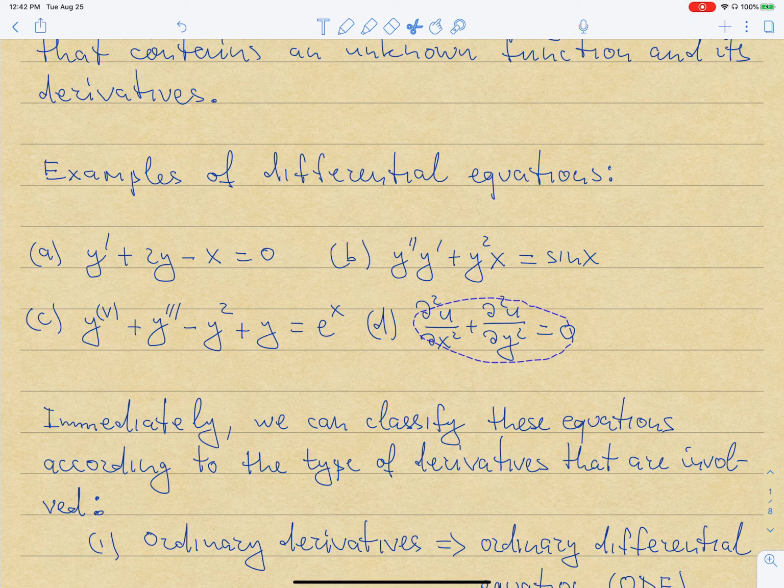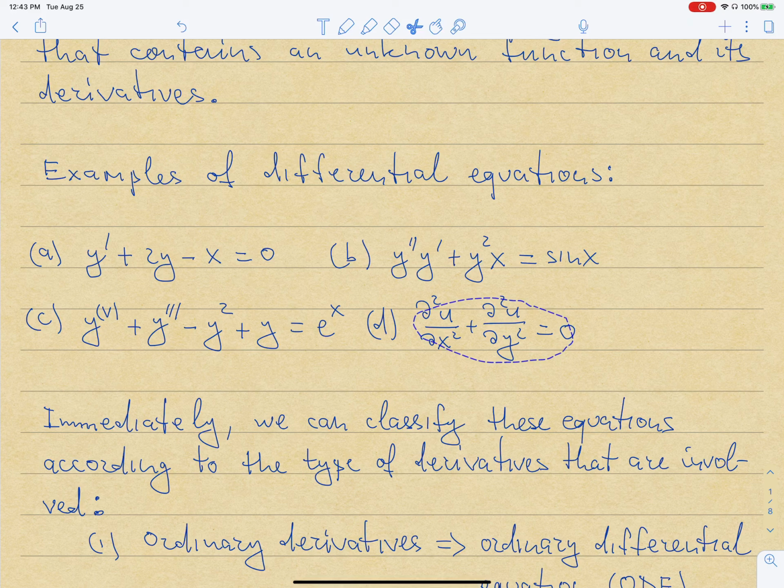So according to the type of derivatives that appear in a given equation, we'll classify it either as an ordinary differential equation, if you see ordinary derivatives, or as a partial differential equation if you have partial derivatives. The equation that is circled is the only partial differential equation in this list.